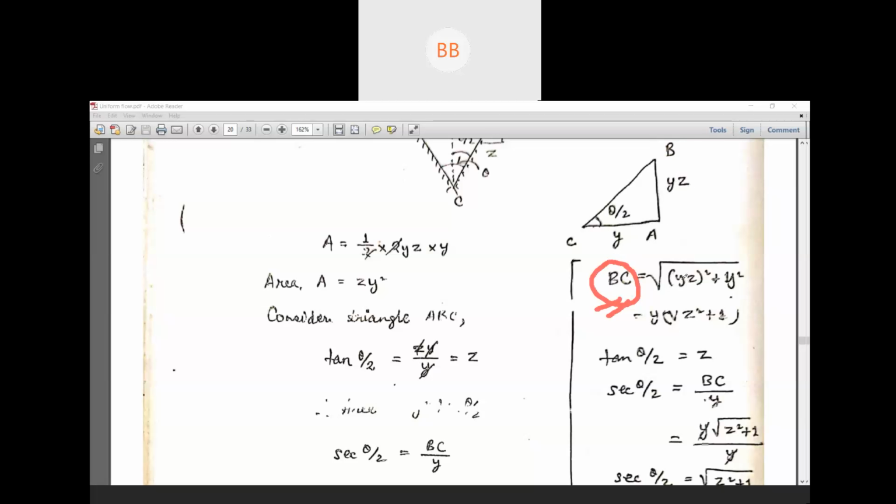Here we have y square, and again y square, so we bring it out and get y root over z square plus 1. This is nothing but your BC, y root over z square plus 1.